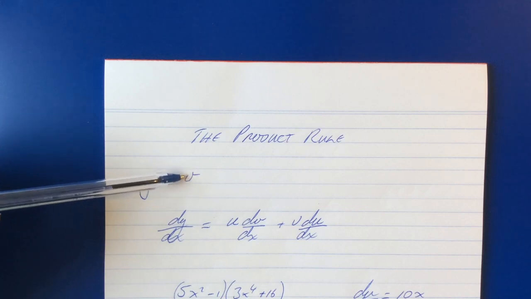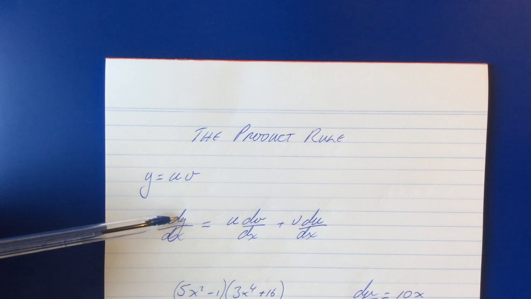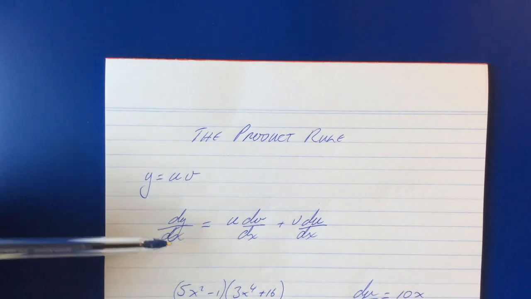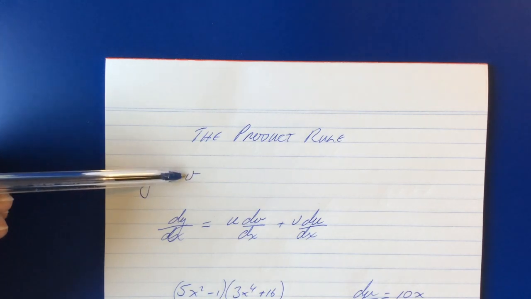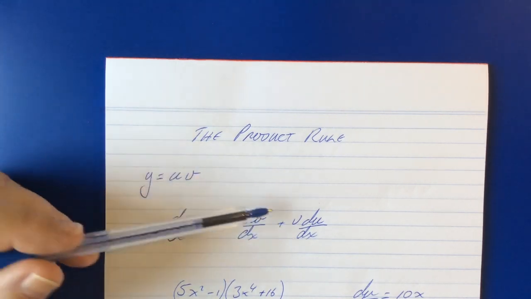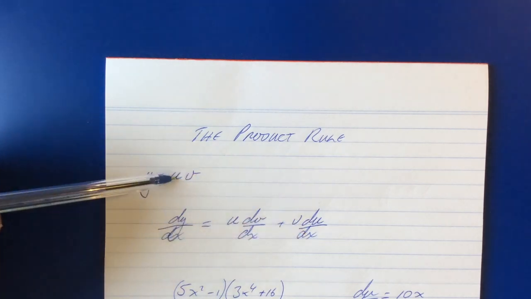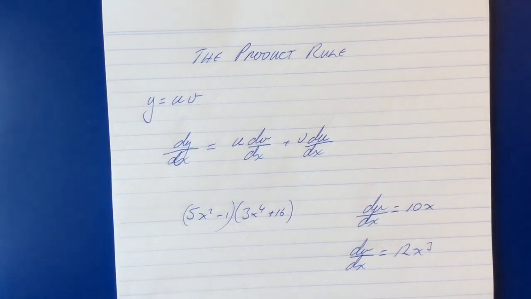The innovation here is that we also have v. Okay, so our derivative dy/dx is equal to u times the derivative of v, dv/dx, plus v times the derivative of u. So let's take a look at an example.